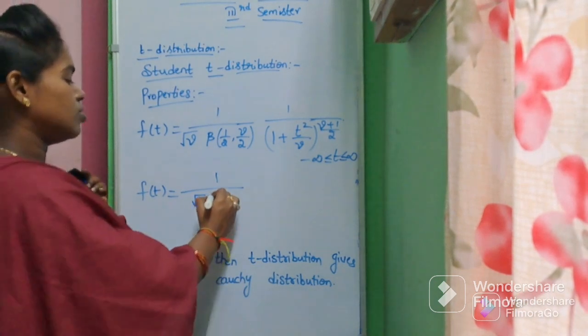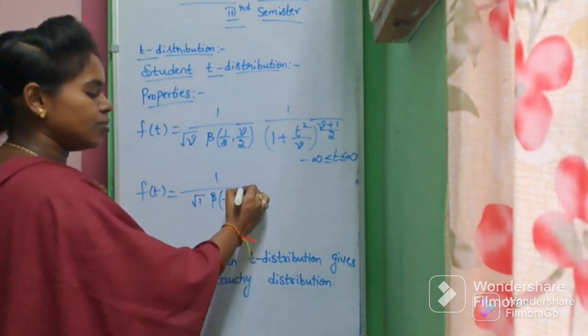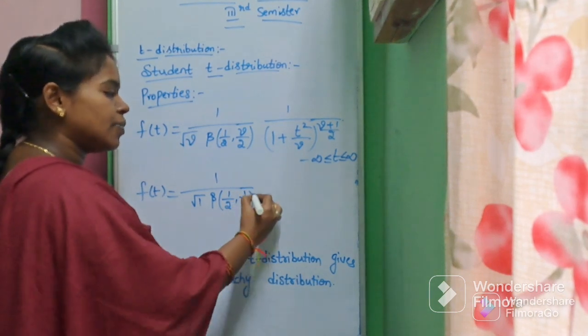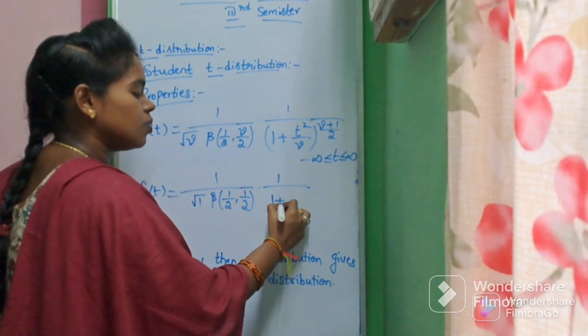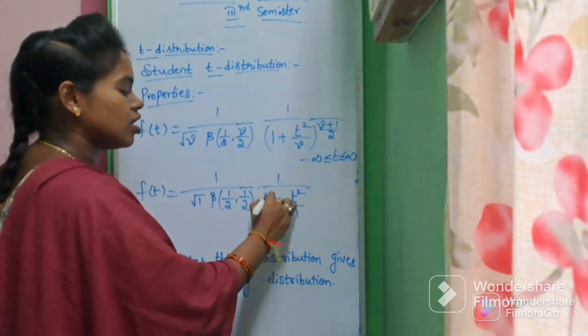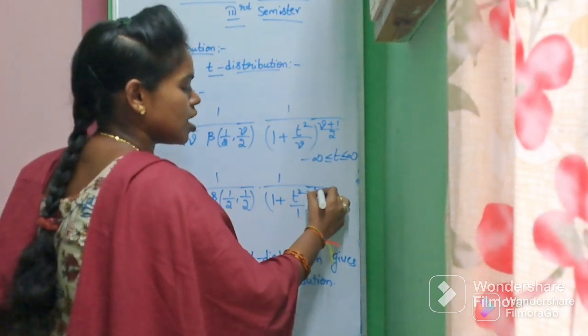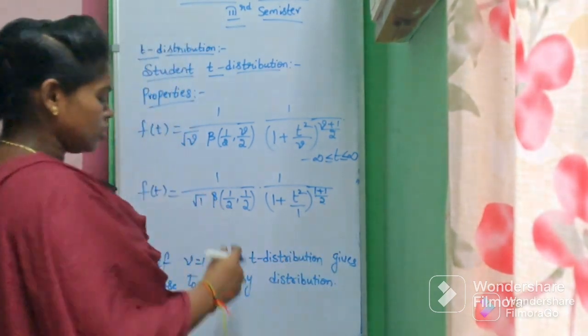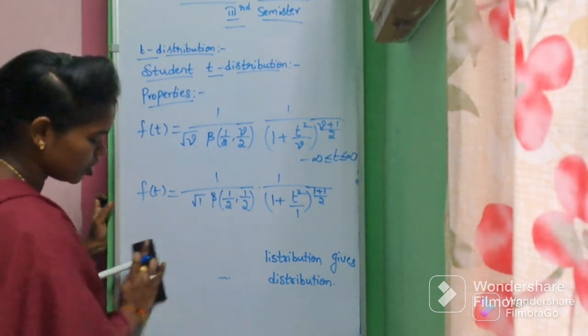It is not able to change, it just stays the same. Beta of 1 by 2 comma 1 by 2 into 1 by 1 plus t square by 1. In place of nu we are putting 1, so 1 plus 1 by 2. So this t distribution changes to the Cauchy distribution.